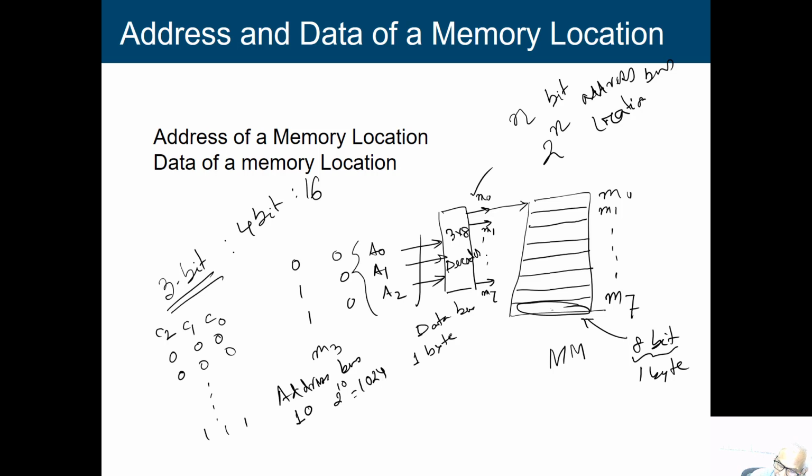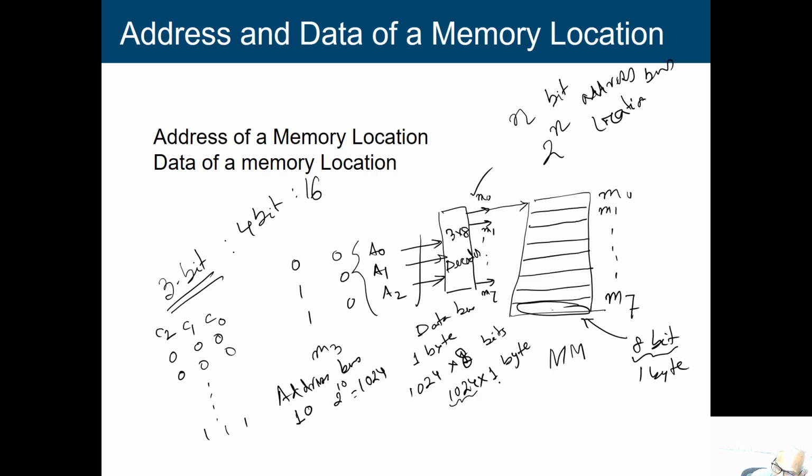Then what will be the capacity of this particular memory? You will find that this is 1024 into 1 byte, or I can say 1024 into 8 bits. So, I have 1024 memory locations, and in every memory location I can store 1 byte of information.